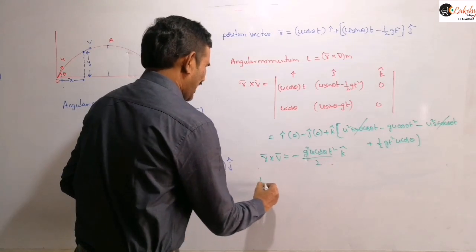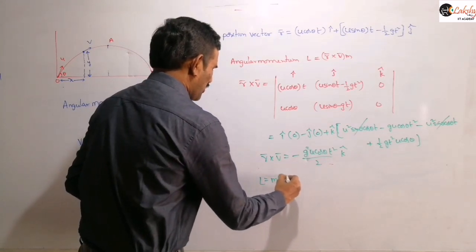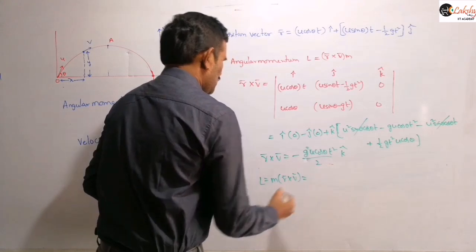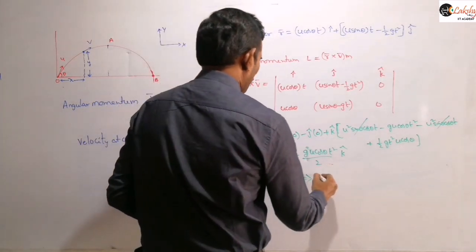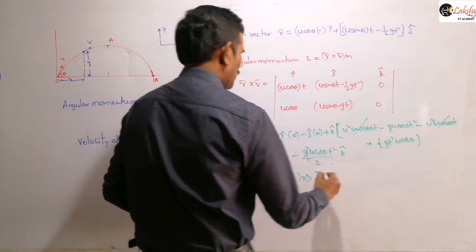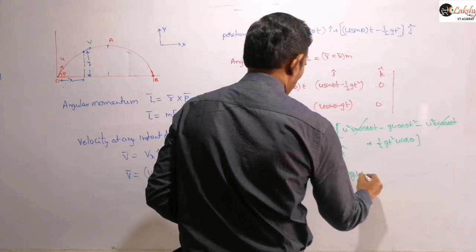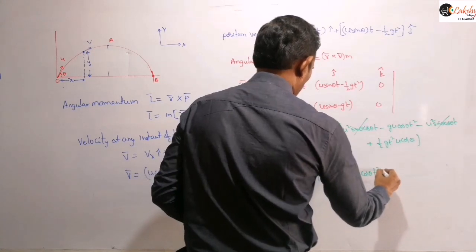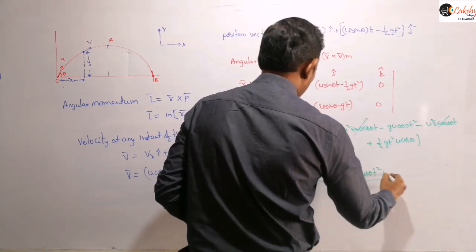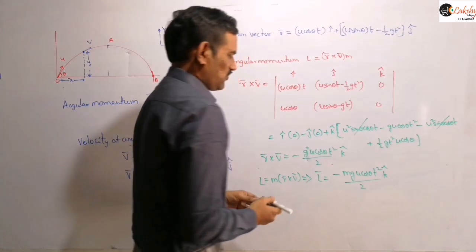Therefore our angular momentum is m of R bar cross V bar, which is nothing but you can write this as L bar is equal to minus mg into u cos theta into t square by 2 k cap in vector form.